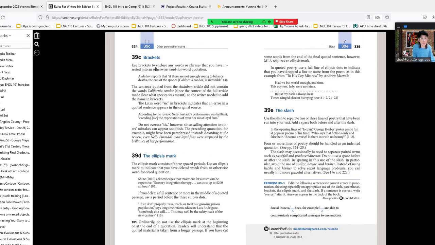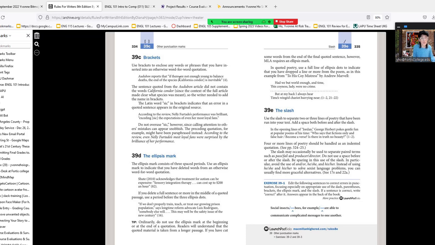Brackets. Use brackets to enclose any words or phrases that you have inserted inside an otherwise word-for-word quotation. Audubon reports that if there are not enough young to balance deaths, the end of the species, and then in brackets, California condor, is inevitable. Here you have the brackets because they are inside the quotation marks.